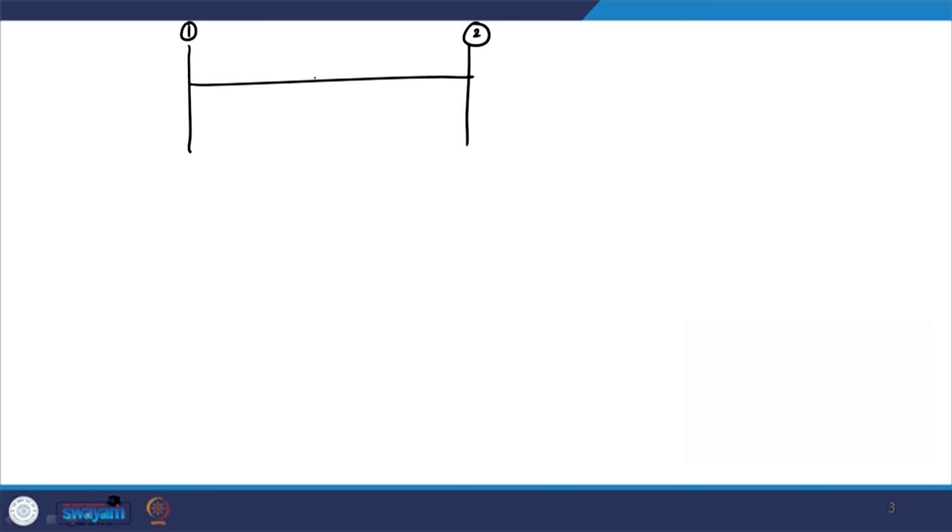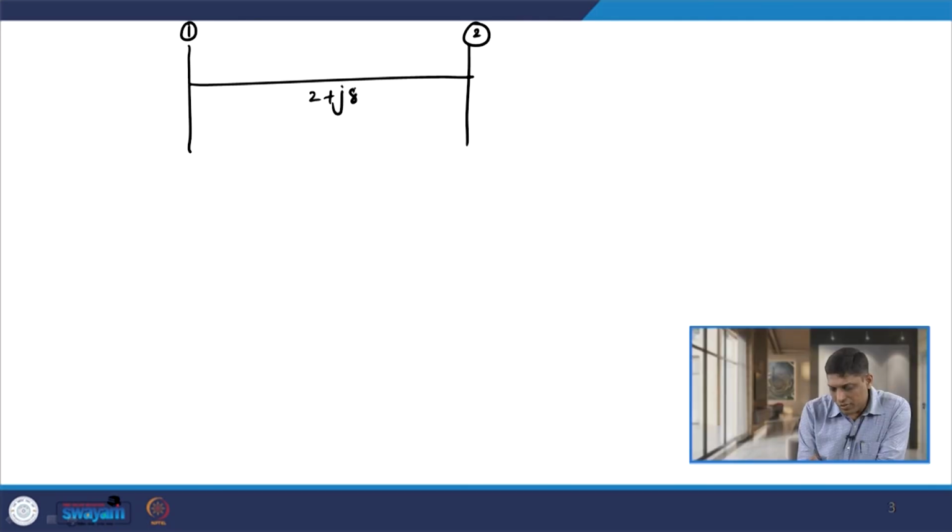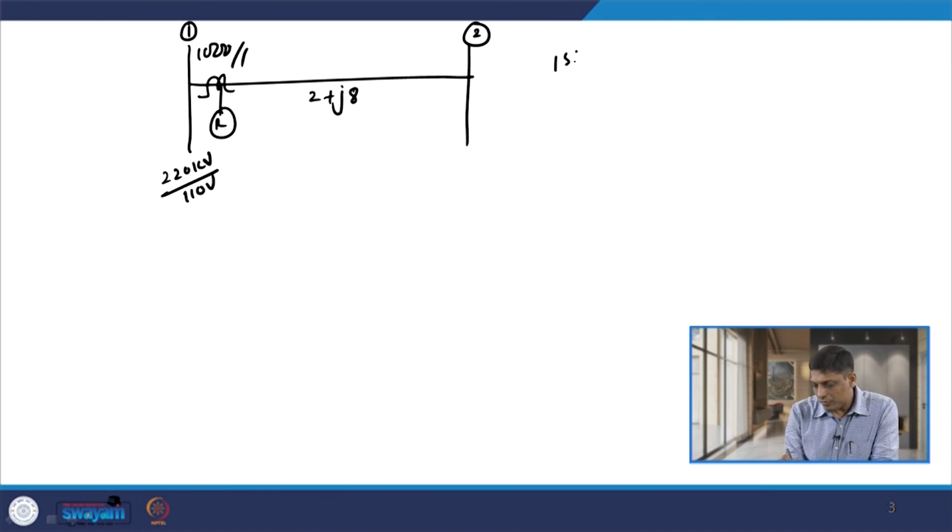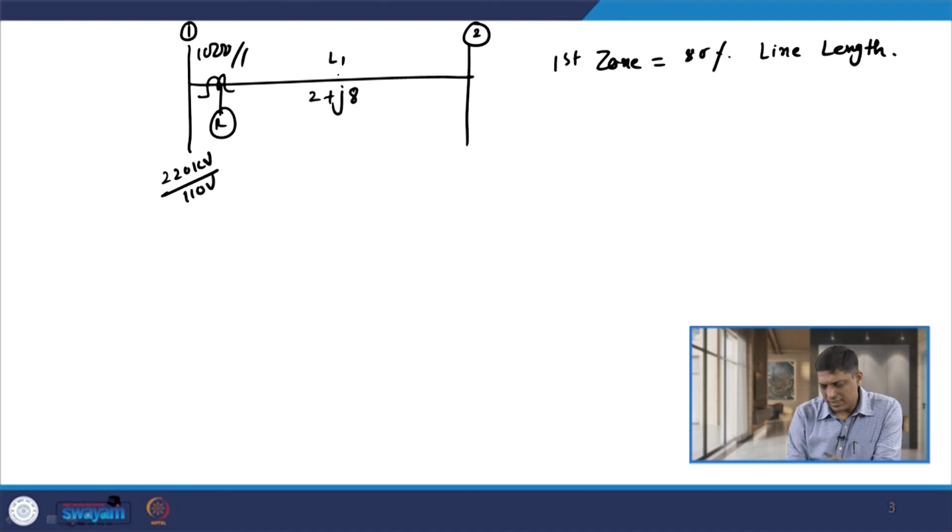Let us consider the line impedance is 2 plus J8, the relay is located here, that is R, CT ratio is 1000 by 1 and the PT ratio is 220 kV by 110 volt. Now, the first zone of this relay R is 80% of line length. Let us say this is line L1.